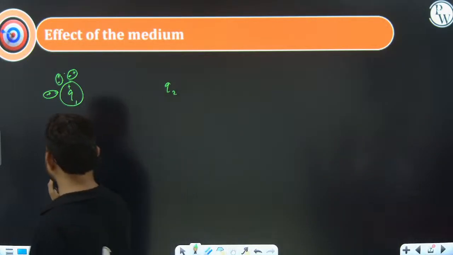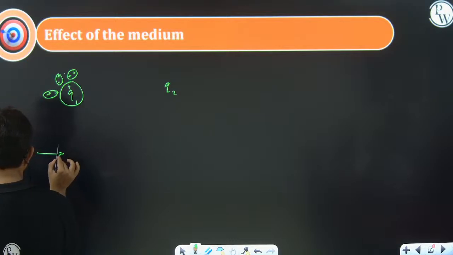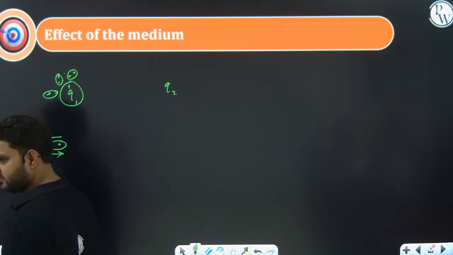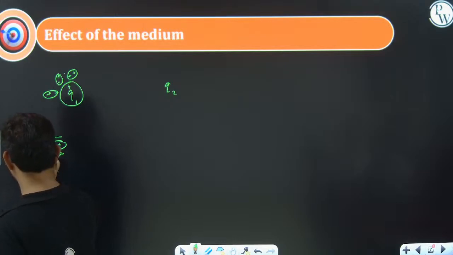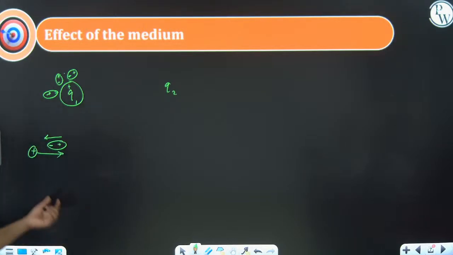If this force is creating an effect on this side, the medium, this is negative, this is positive, so the medium is creating an effect on this side. Try to understand from here. This positive charge is creating an effect on this side. This is negative, this is positive, so the positive charge will be creating an effect on this side.